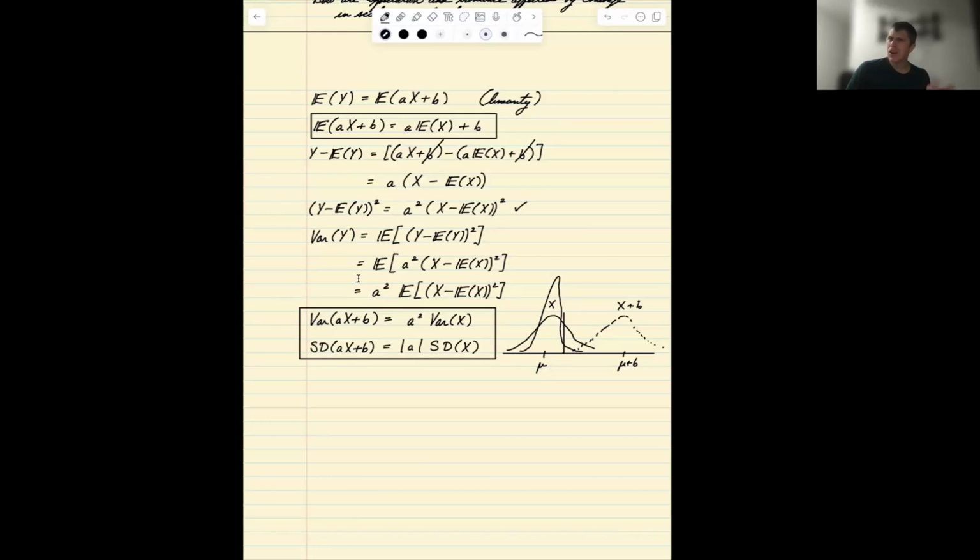Well, now I've shrunk the variance. So that will affect the variance. Okay. All right. So something to keep in mind are these formulas.